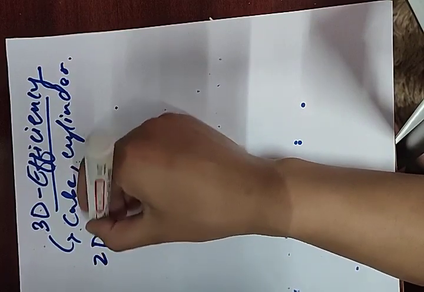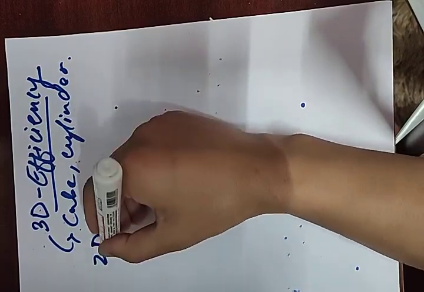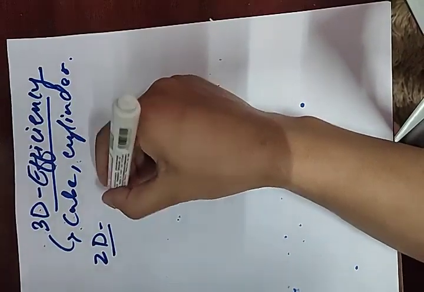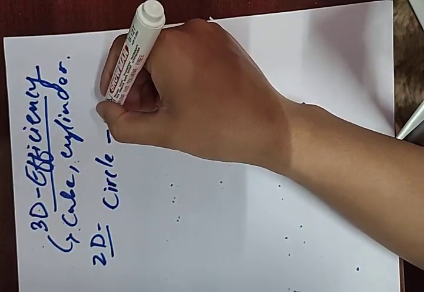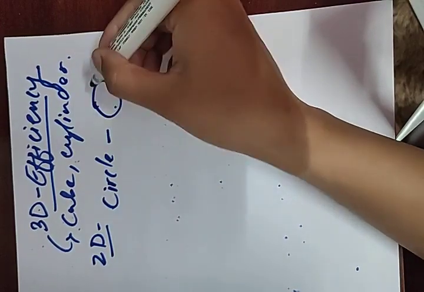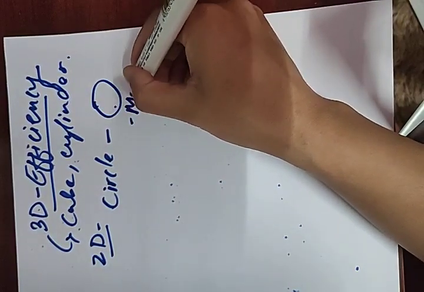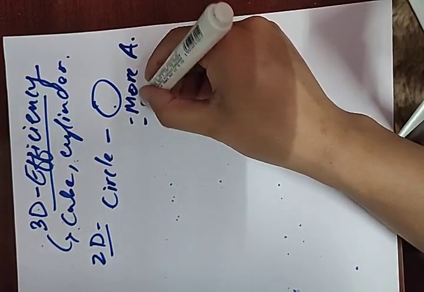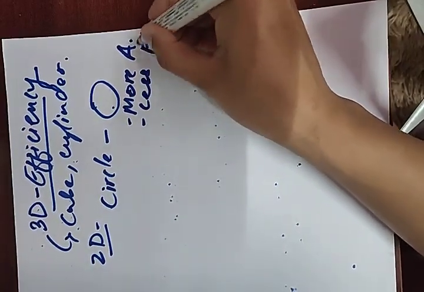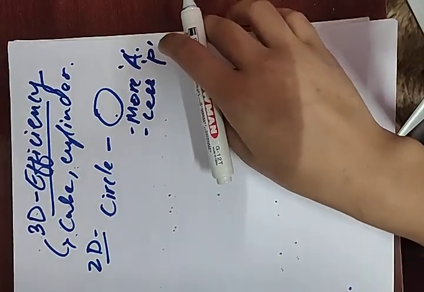To recollect, in 2D efficiency we have learned that the circle is the most efficient, isn't it? Why is the circle most efficient? Because it has more area and also less perimeter. So you have to remember these 2 points.